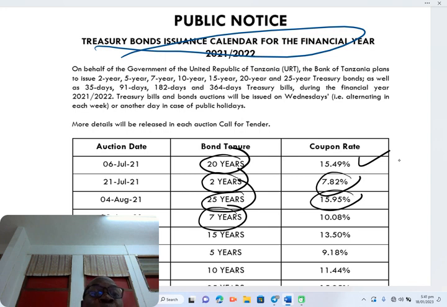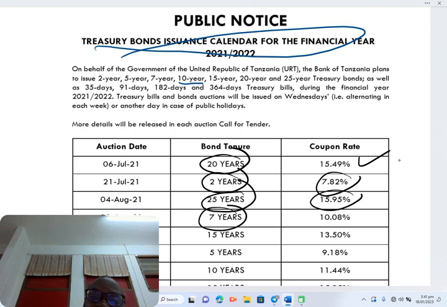We have a 2-year bond, 5-year bond, 7-year bond, 10-year bond, 15-year bond, 20-year bond, and the 25-year bond, as well as the 35-year bond. Those are the long-term financial instruments issued by the central bank in Tanzania.